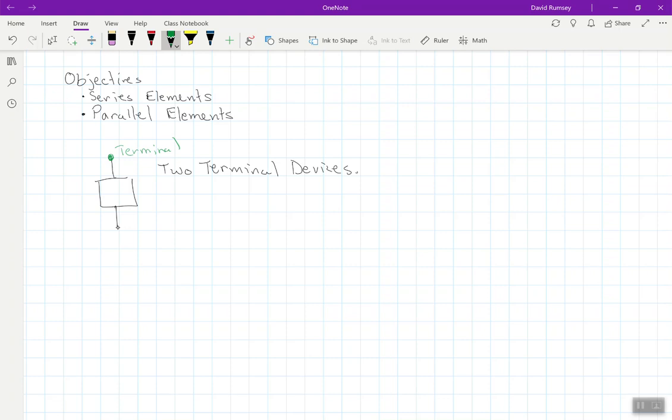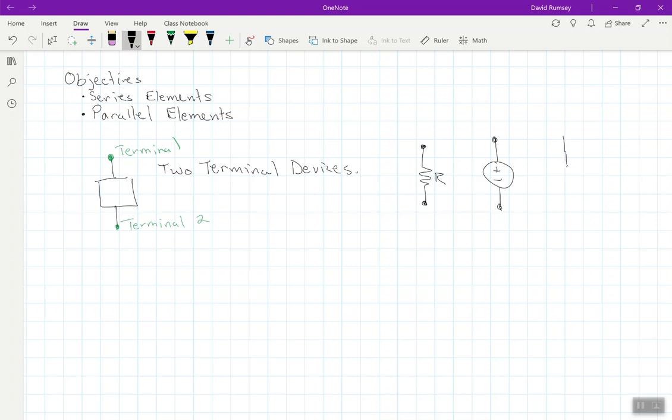You don't have to call it terminal 1, I just do. And then this one would be, of course, terminal 2. So we've got a two-terminal device. A resistor is clearly a two-terminal device. Our voltage supplies are two-terminal devices.